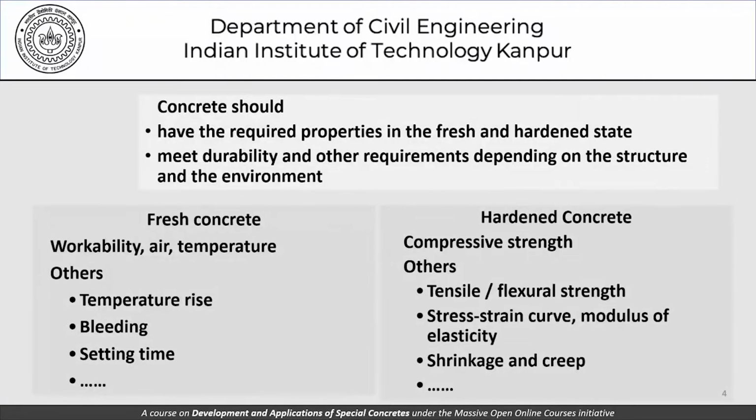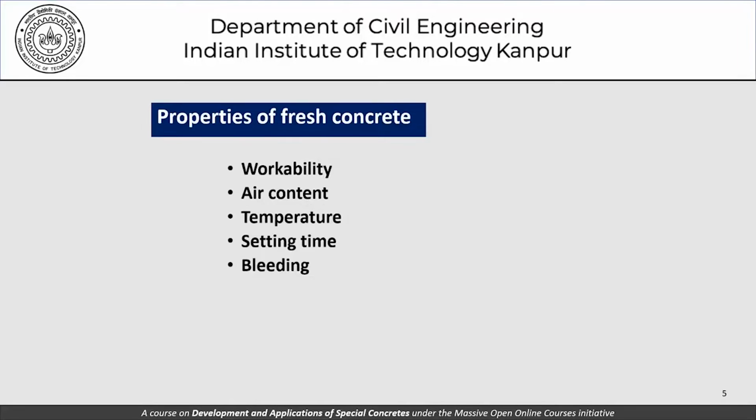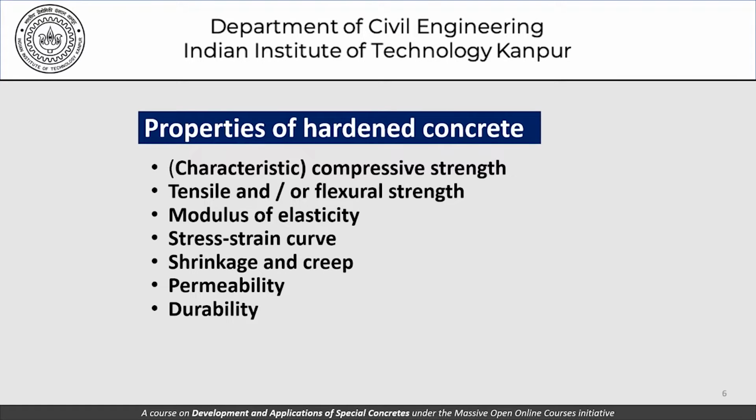We also looked at this slide before, where we talked of the different properties associated with fresh concrete, and we discussed each of them in the last class. Today our discussion will largely be on properties of hardened concrete. These are some of the properties in the fresh state which we've already talked about, and we commence our discussion on properties of hardened concrete.